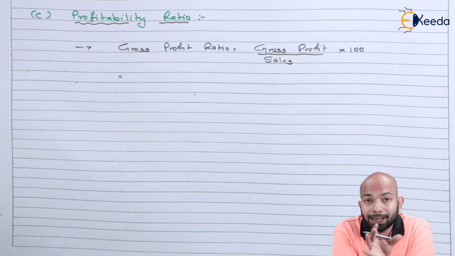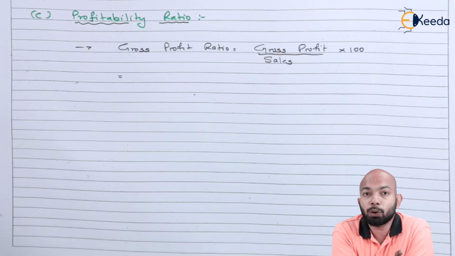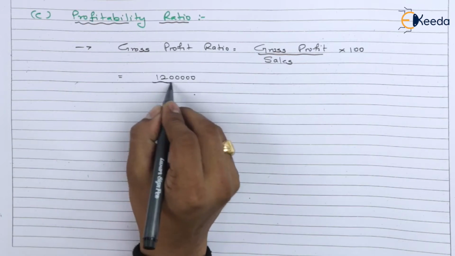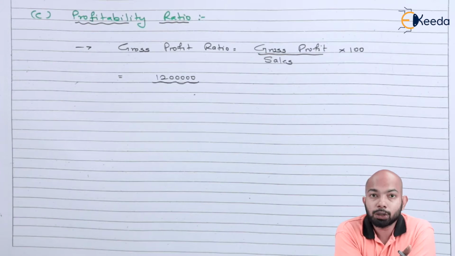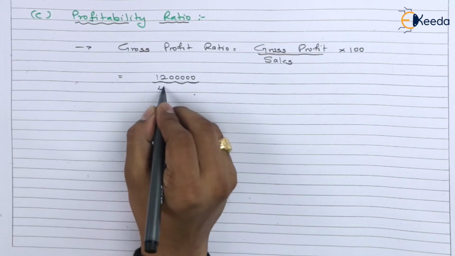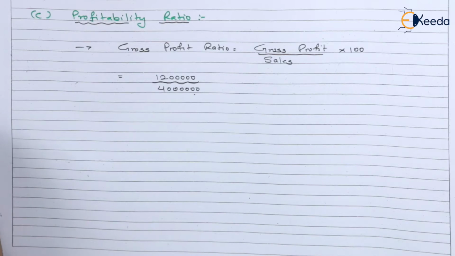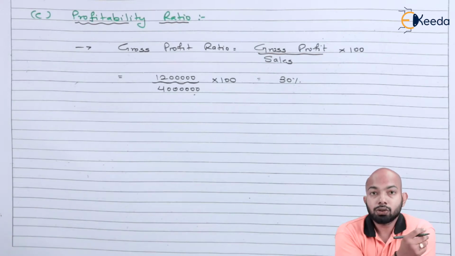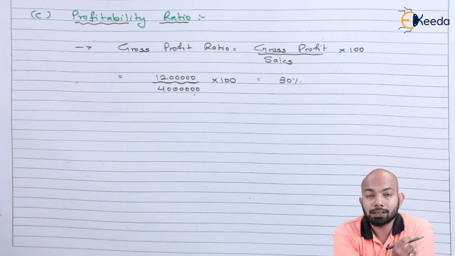After which if you subtract the interest, that will give you the net profit. The gross profit here, as we have figured out earlier, is 12 lakhs. The sales item has been already mentioned, which is 40 lakh rupees. So that gives you 30% as the answer. Therefore, the gross profit to sales is 30%.